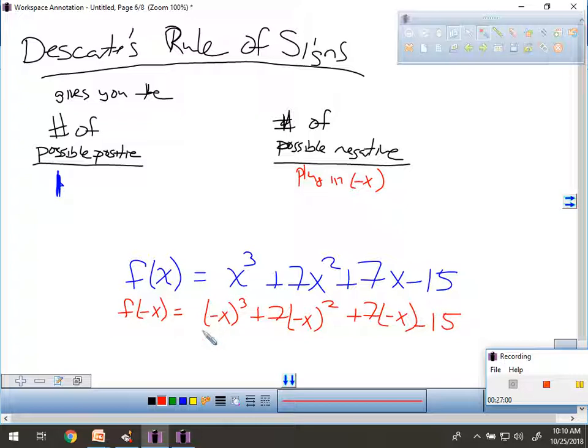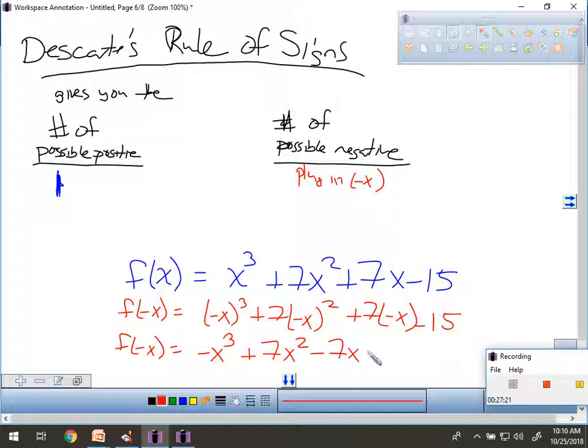Let's clean this up. Negative x to the third, a negative times a negative times a negative is a negative, so that's negative x cubed. Negative x squared, a negative times a negative is a positive, times a positive 7, that's a positive 7x squared. A positive 7 times a negative x is a negative 7x.